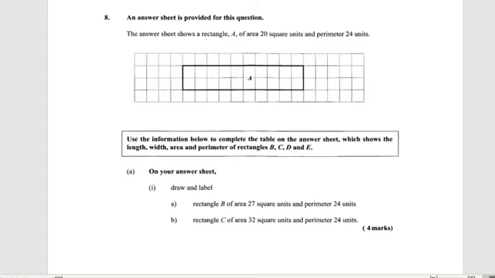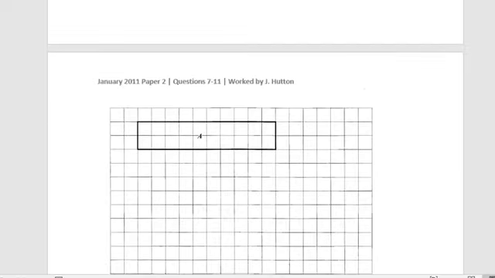So if now we have 27 square units and a perimeter of 24 units, just by judging, what we know is 3 multiplied by 9 is 27. So more than likely that is what our rectangle will look like.